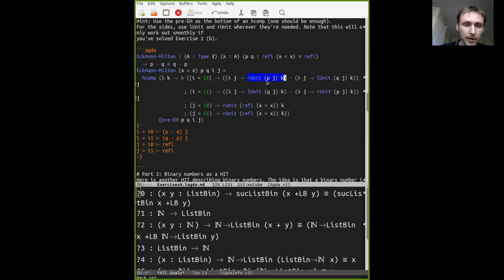So this whole thing is going to be a square with the left side being right unit and the right side being left unit. But fortunately now since everything agrees for REFL, they actually match up with these sides here.